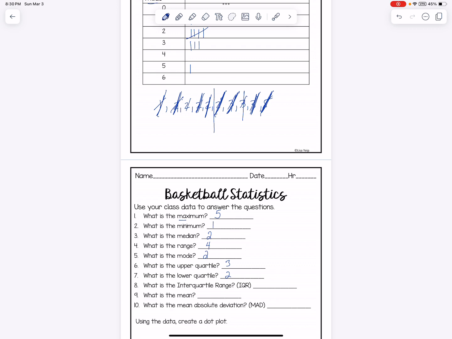What's my interquartile range? So we do our 3 minus 2 to get that range. My range is only 1 basket, so that's a pretty small interquartile range. What's the mean? We know we add those all up and divide by 10. And then what's my mean absolute deviation?